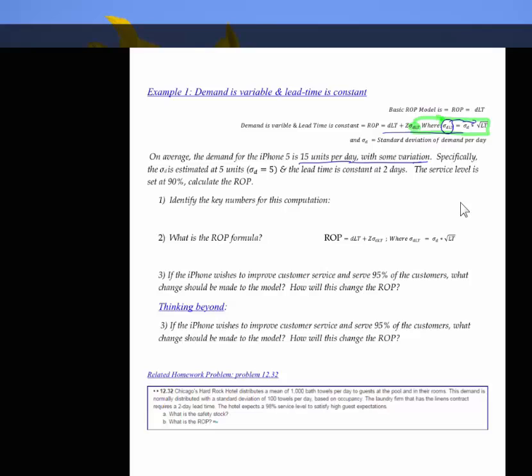Right there, with some variation, we know demand equals variability. We have two clues: 15 units per day with some variation, as well as on average. That tells us it's not always exactly 15 units per day. So we note that d should be 15.